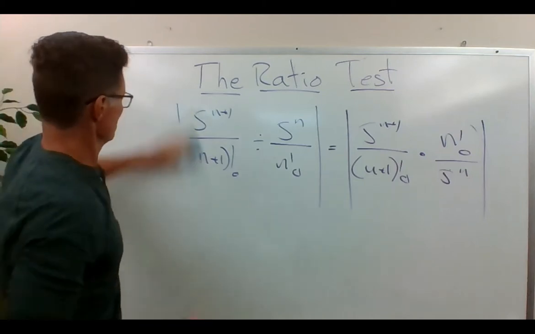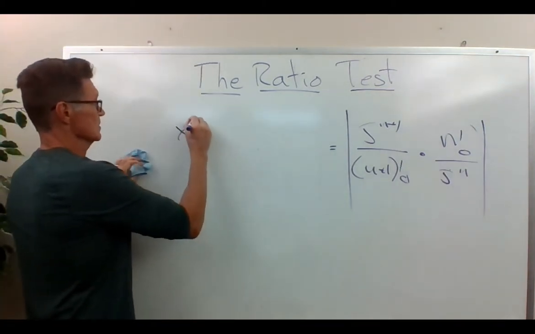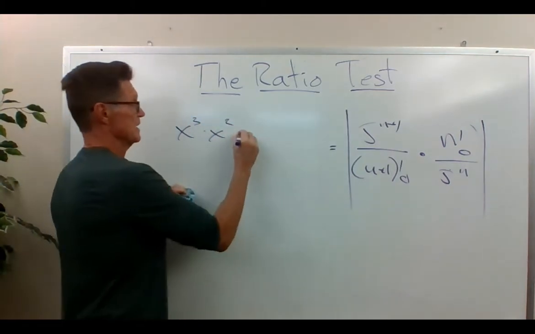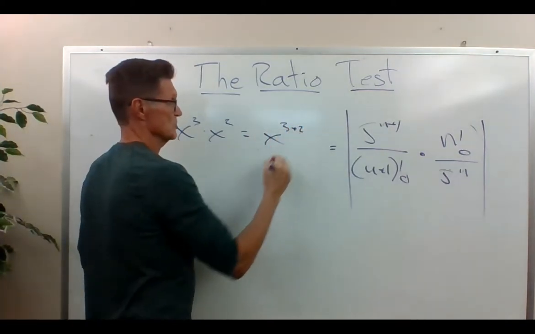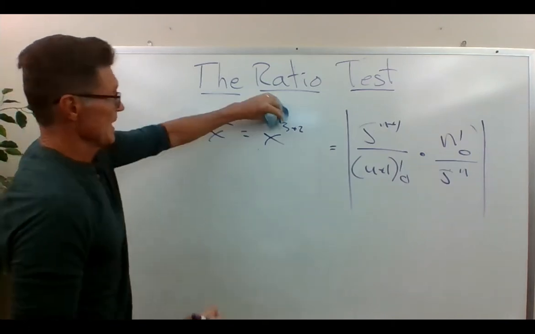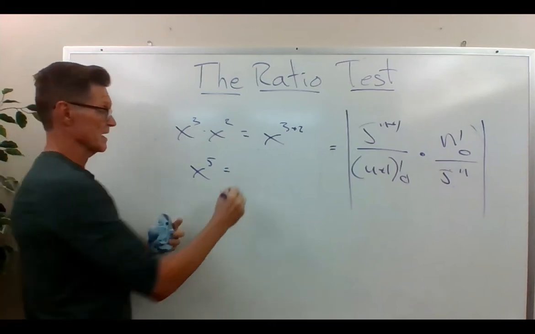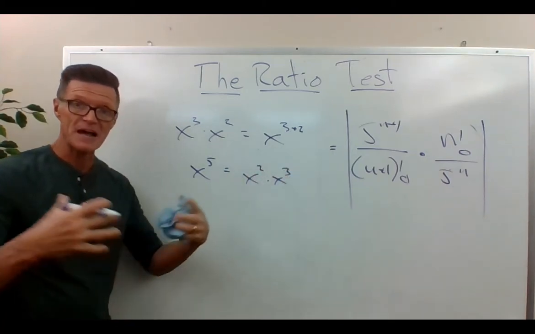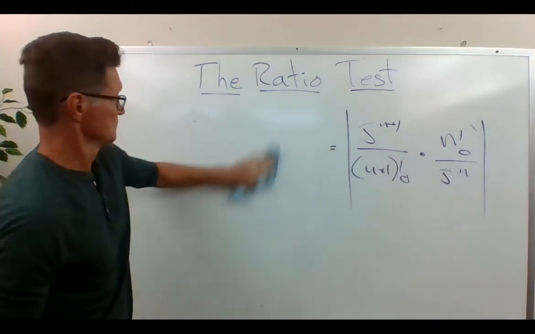As an example, if I multiply x cubed times x squared, I keep the base and add the exponents, 3 plus 2, to get x to the 5th power. So if I had x to the 5th power, I could break that up into x squared times x cubed. I could factor it, and that's what we're going to be doing here.